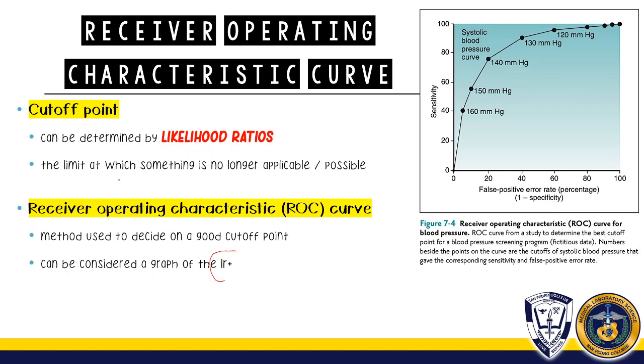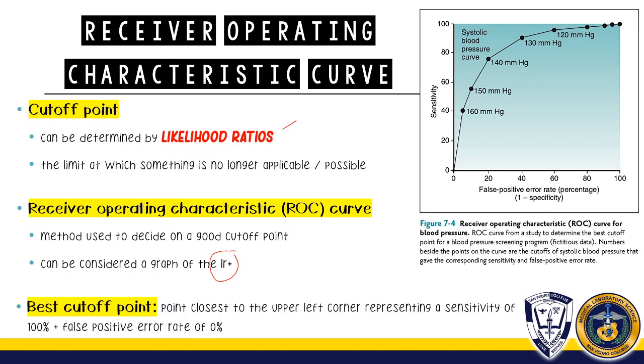Ma'am, ngano graph man? Since ang ginagamit, di ba, as mentioned here, it can be determined by likelihood ratio, and kung maging specific ta kung unsa na likelihood ratio ang ginagamit pang determine, that is your LR positive. Now, the best cut-off point is this one. Point closest to the upper left corner, representing a sensitivity of 100% and a false positive error rate of 0%.